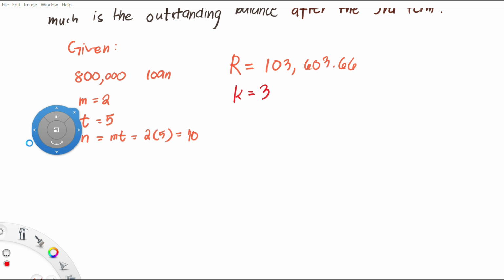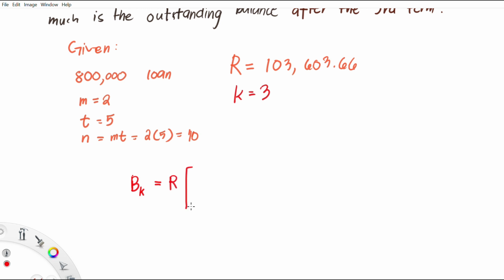B sub k equals R times 1 minus (1 plus j) to the power of negative (n minus k) all over j.